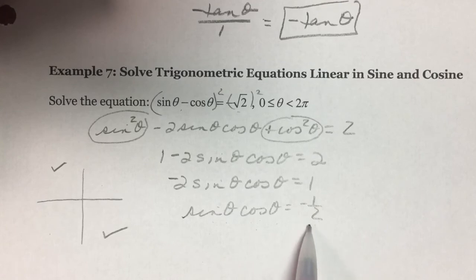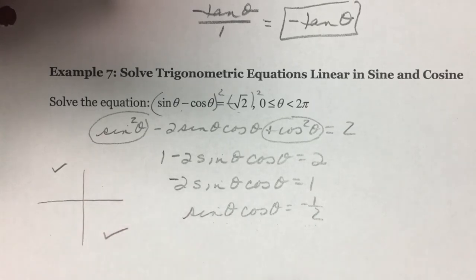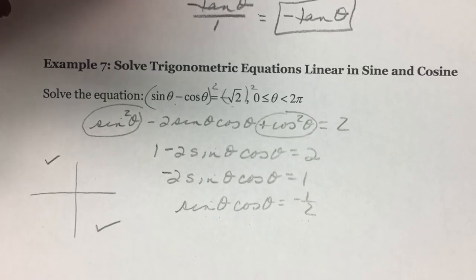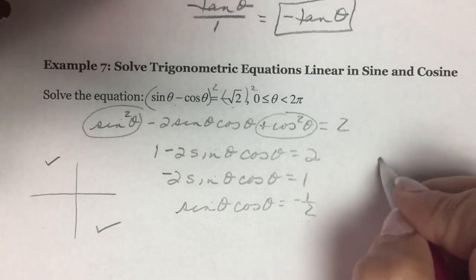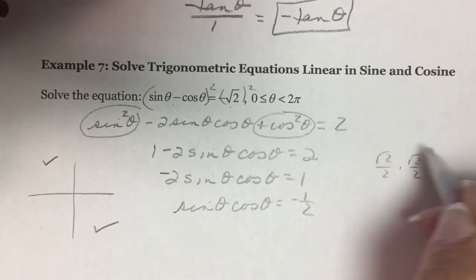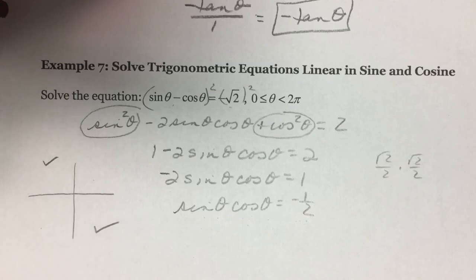I hope you can see that the only way that can happen is if they are multiples of 45 degrees, or 45 degrees is the angle that we're looking for. Because I can multiply root 2 over 2 and root 2 over 2. Think about it. Root 2 over 2 times root 2 over 2 would be 2 over 4, which would be 1/2. So those are the values that I'm looking for.